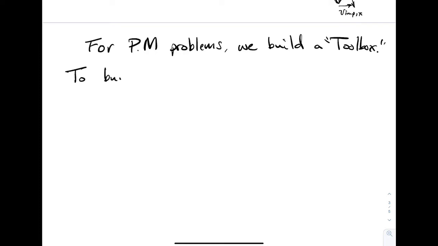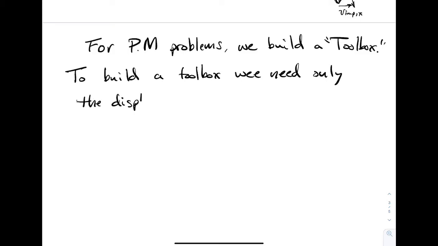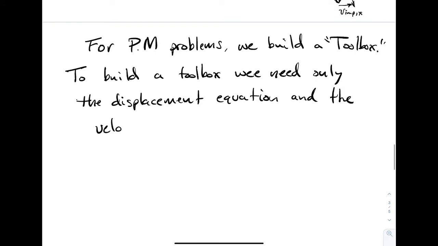To build a toolbox, we need only the displacement equation and the velocity equation from the big three.